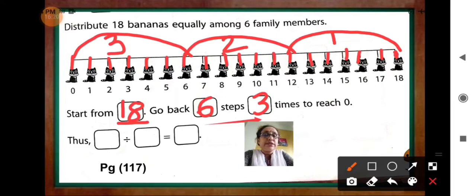Thus, what will we write here? 18 divided by 6 equals, see the tables of 6. 6 ones are 6, 6 twos are 12, 6 threes are 18. So, 3 is the quotient. Understood? Finish it, okay? I am waiting for you. Done?